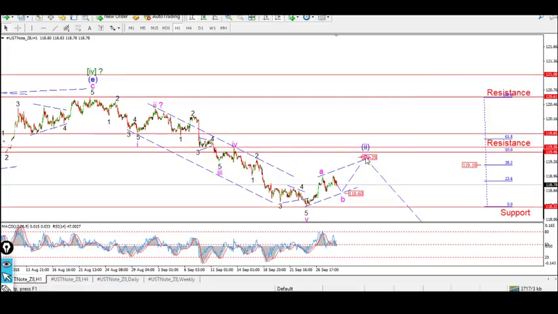It'll all depend really on where wave B here completes, so we can get a proper read on that trend channel higher. Suffice to say, it looks like we've got a 3-wave recovery after a 5-wave decline. So for next week, we'll look for this bearish signal to complete. 5 waves down, 3 waves up, and we'll start working on entry points then.